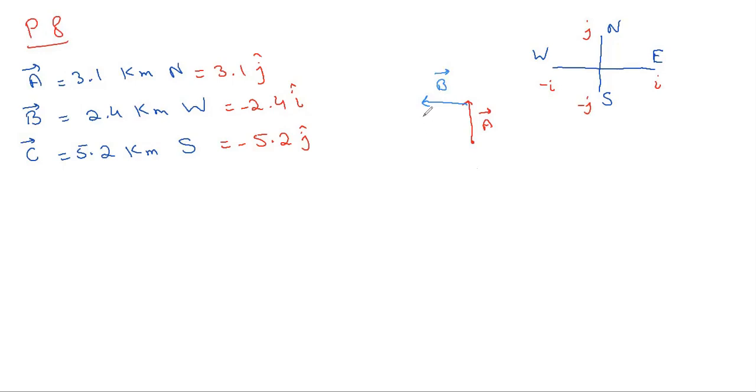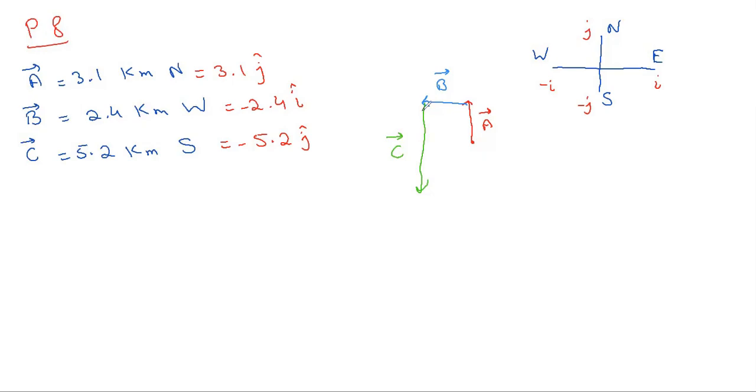And this will be vector C. So this is our starting point, and this is our final point. This is our vector diagram.